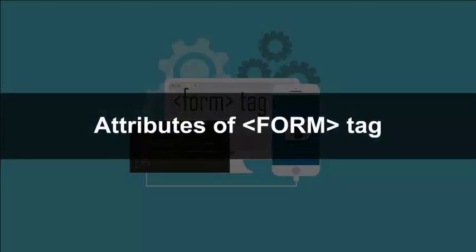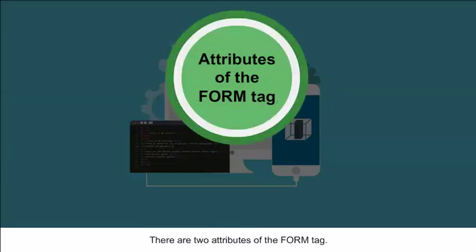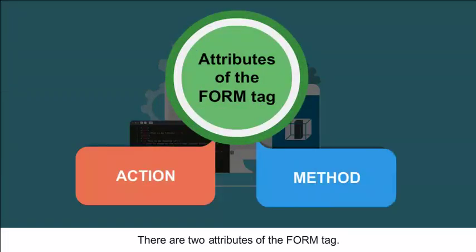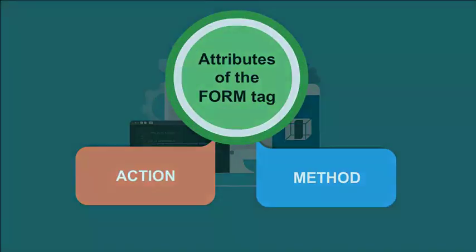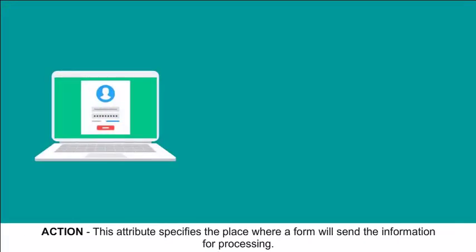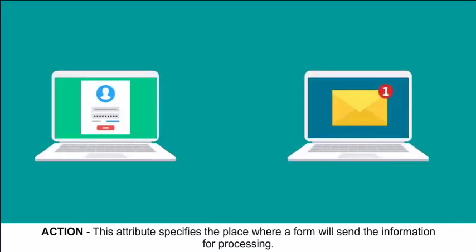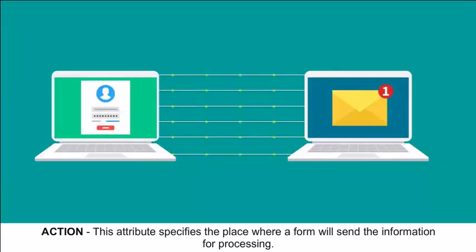Attributes of the form tag. There are two attributes of the form tag. 1. Action. This attribute specifies the place where a form will send the information for processing.